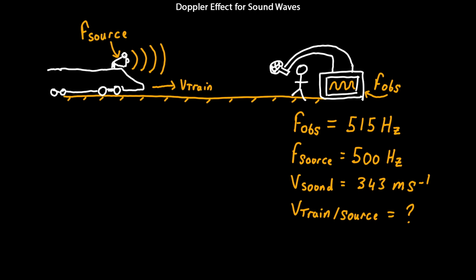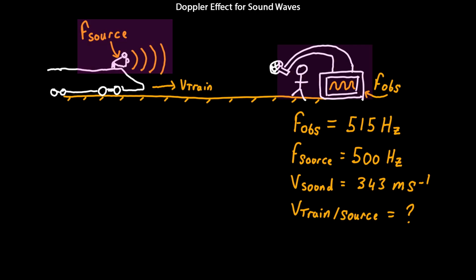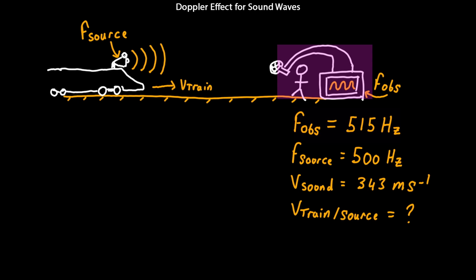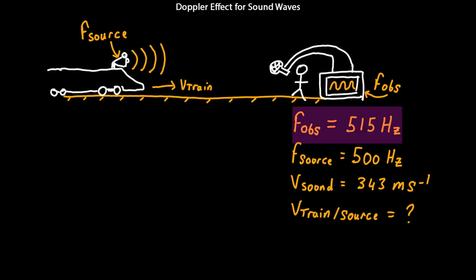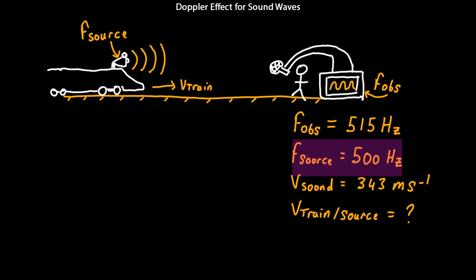So what we're doing here is taking advantage of a phenomenon known as the Doppler Effect. When a source of sound is moving relative to a stationary observer, the frequency of the sound will increase as the source is moving towards the stationary observer.